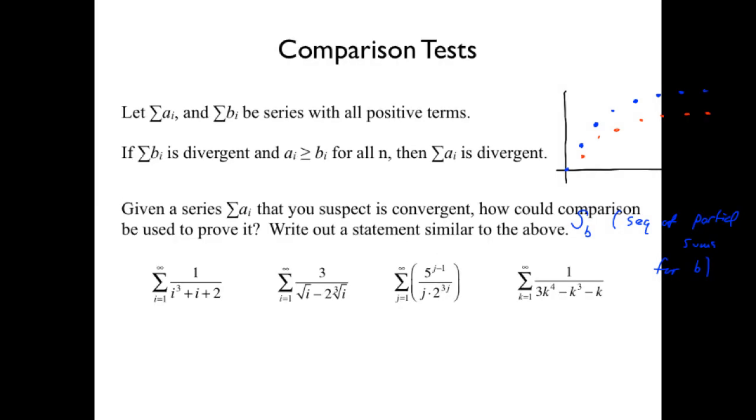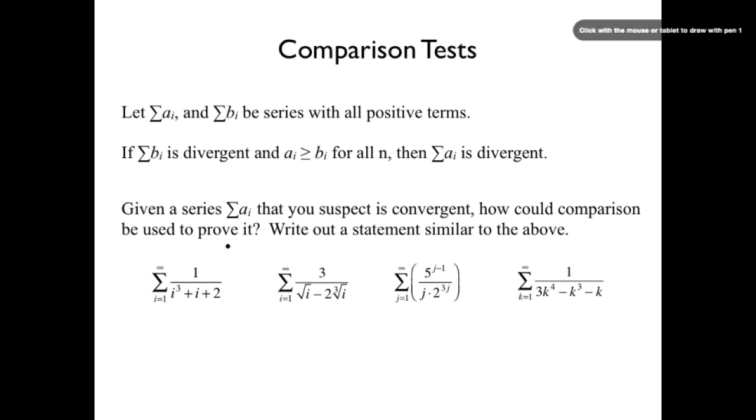All right. So let's look at these then. What about this first one? 1 over i cubed plus i plus 2. What do we think about that? Do you think that converges or diverges? And why? Converges because? 1 over i cubed plus i plus 2 compares to what? What would we compare it to? 1 over i cubed.